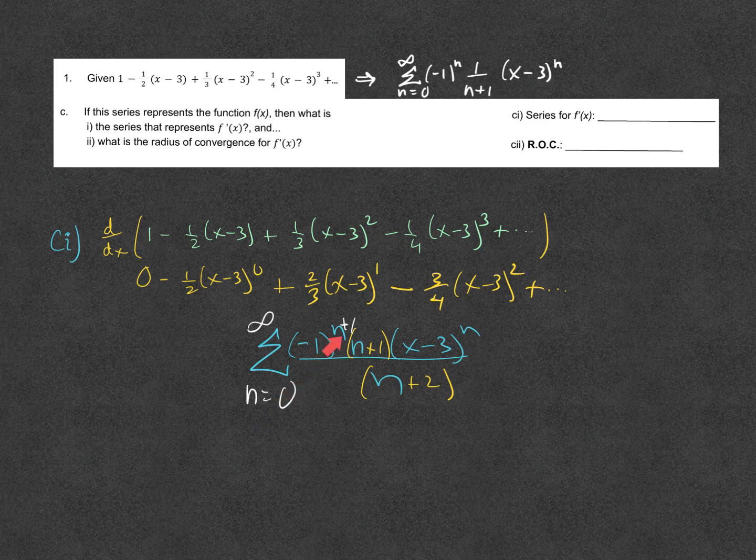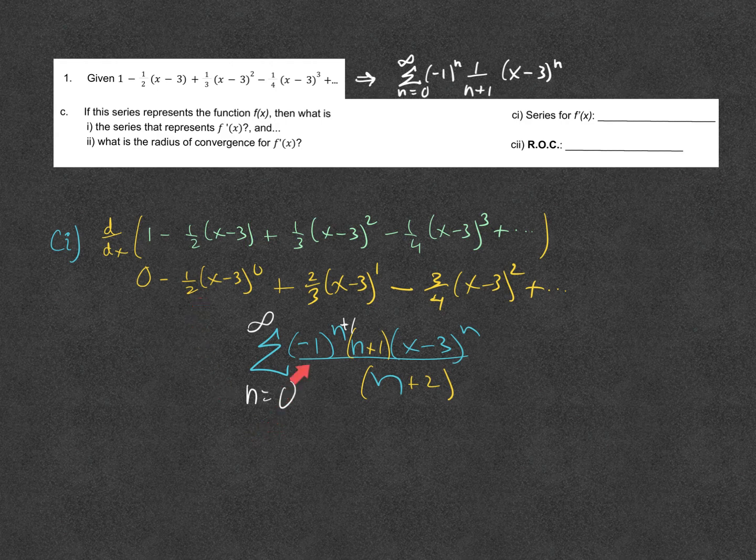When n is 0, we'll have negative 1 to the 0 plus 1, which is negative 1. And (x minus 3) to the 0 power is 1, so we have negative 1 times 1 times 1, which is negative 1, all over 0 plus 2, negative 1 over 2. That does give us the first term.